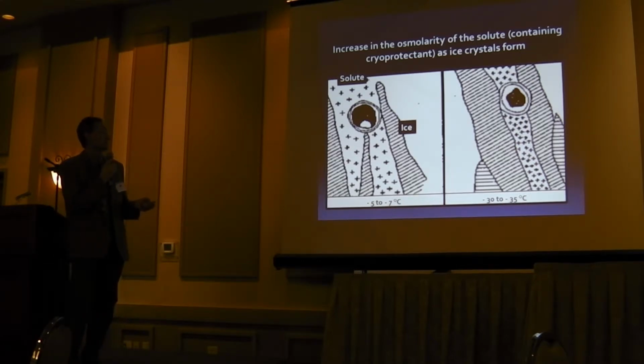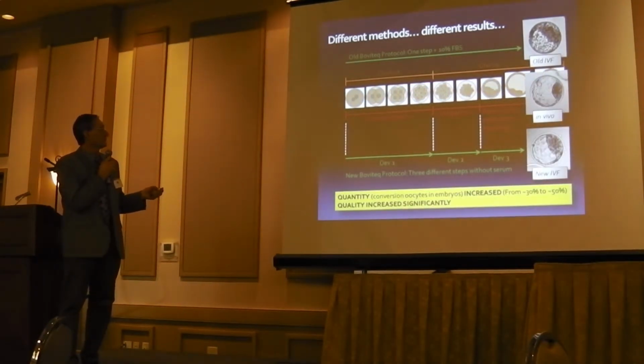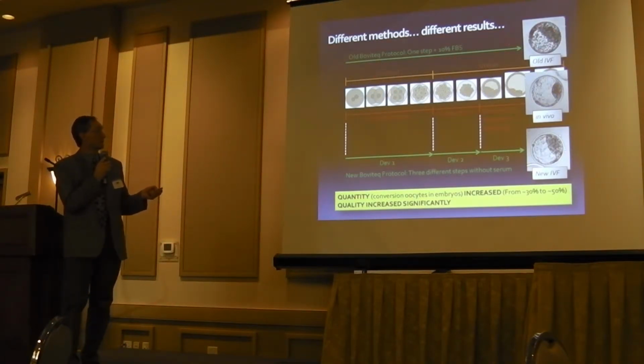And the big change was only like 2-3 years ago. A lot of it is because a lot of the old protocols were basically one culture system from day 0 to day 7. And this is exactly like the embryo that we showed about 3-4 slides back.